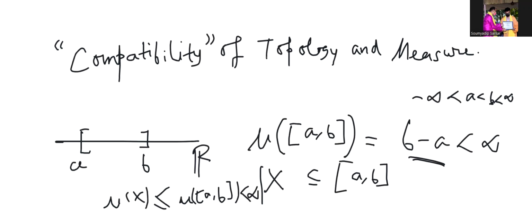So compact sets should have finite measure. And for the intuition, I just have given an example, which is the most basic and common example, the standard Lebesgue measure on the real line. So that is the first condition for a measure to be called a Radon measure.